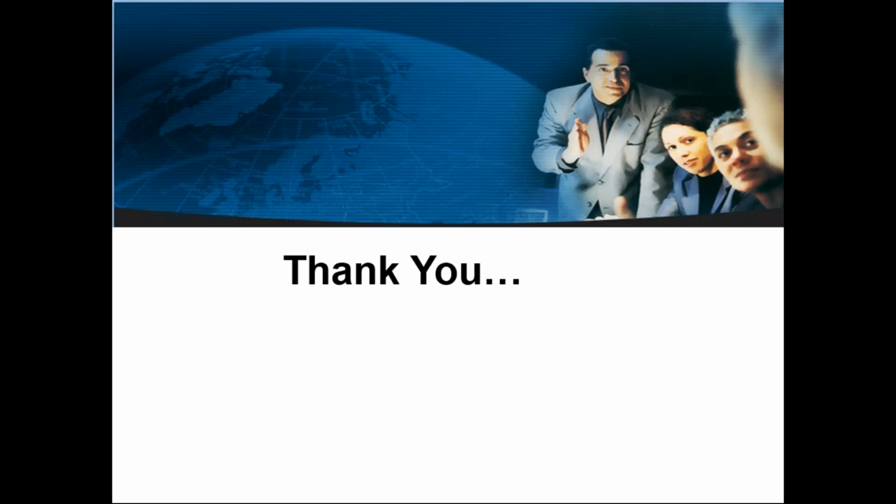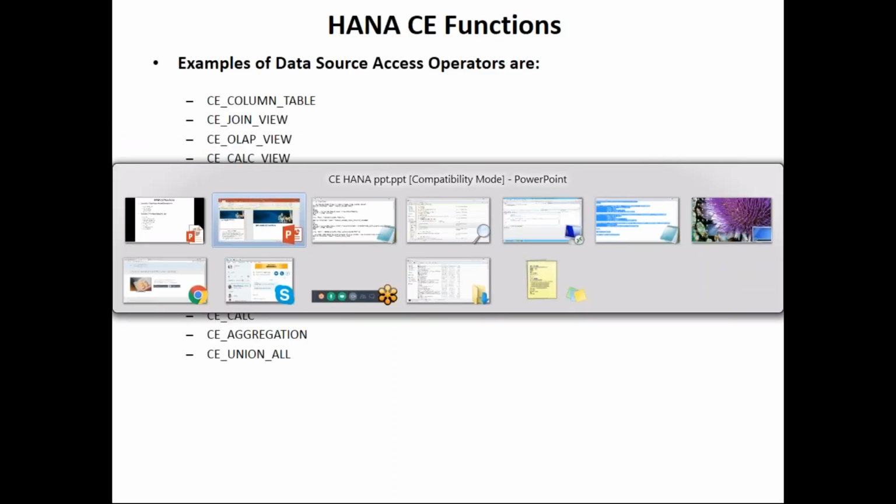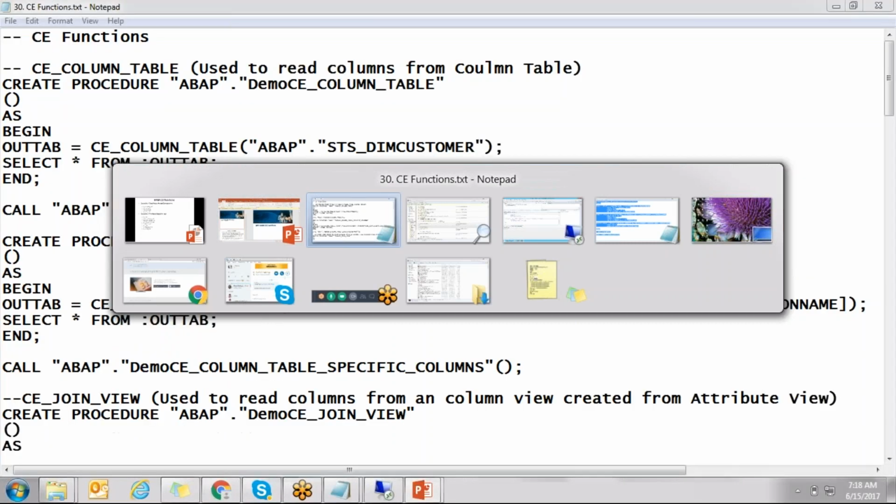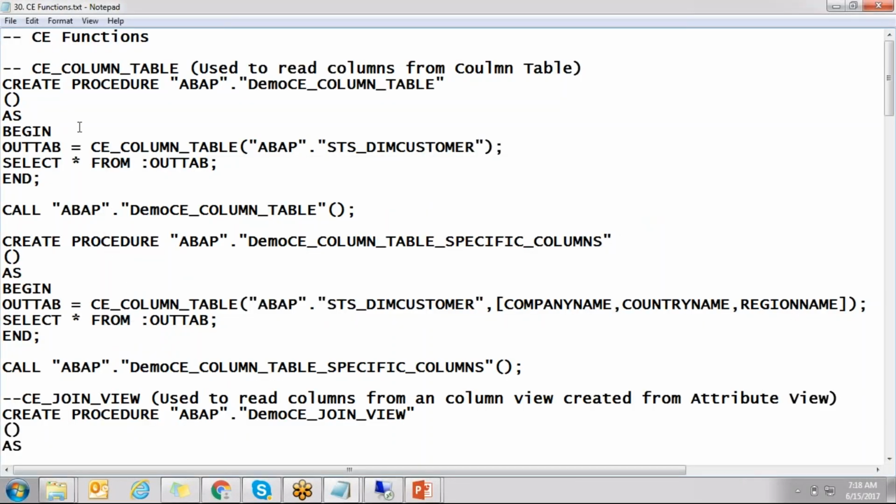Select star from the column table. This is the difference. Let me show you small examples. See the function CE column table. We will create a procedure above the demo column table.